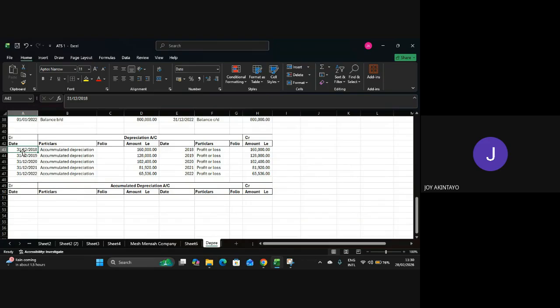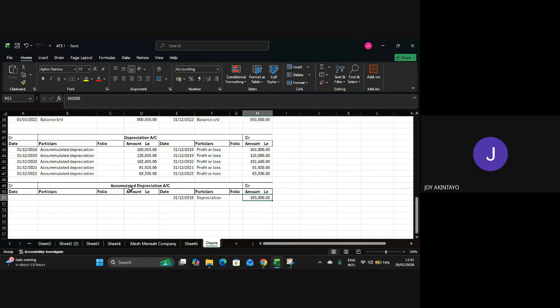This date also, just carry this first. This date also will be here. So we have depreciation. This one is going to depreciation, with how much? 160,000 naira. Are you getting it?